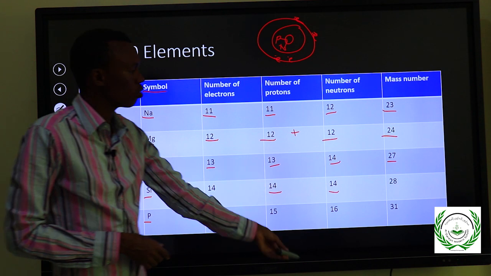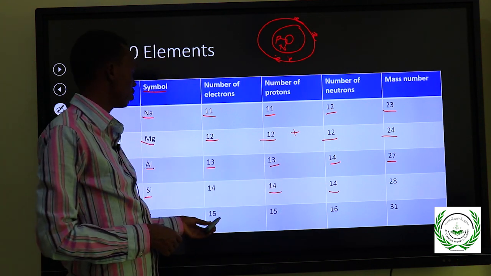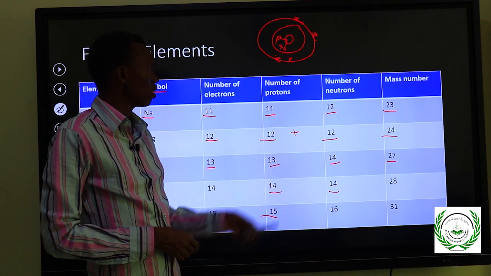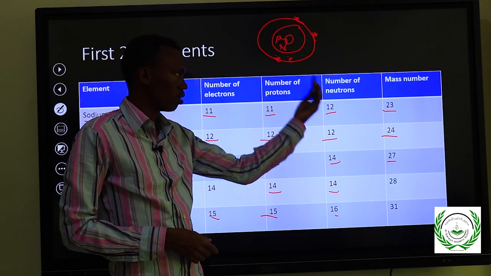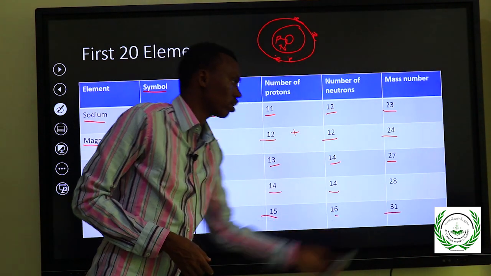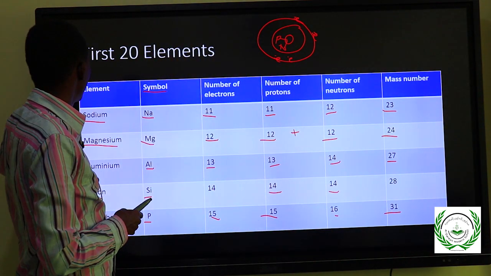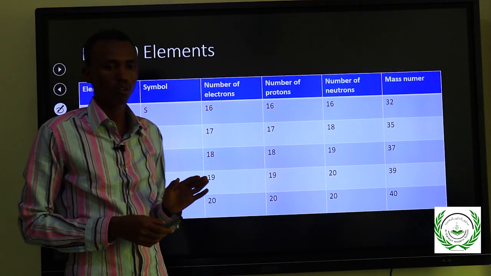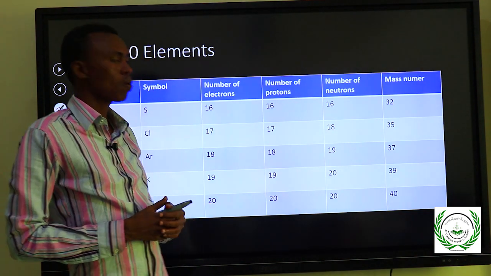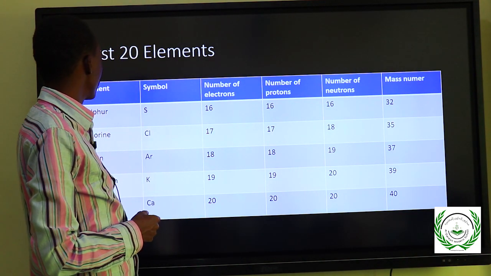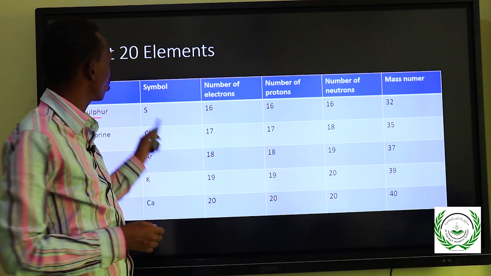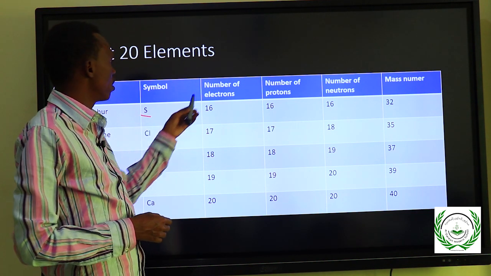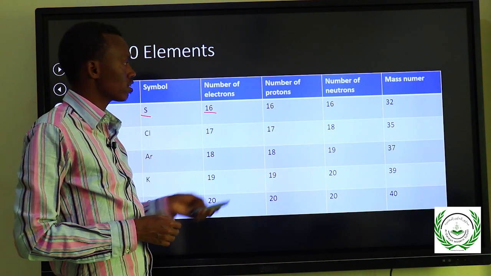This is also the information relating to the number of electrons, the number of protons, number of neutrons, and the mass number. Okay, and also the last five. So sulfur's symbol is S, number of electrons is 16.